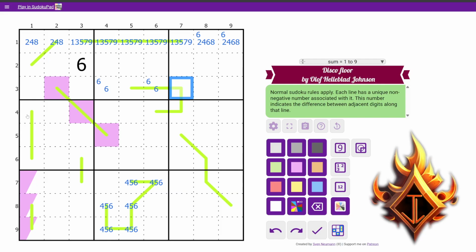Oh, also, these are only the modular if the difference on this line is 3. Obviously, if this is a difference of 4, it's 159. However, one of these are 159.